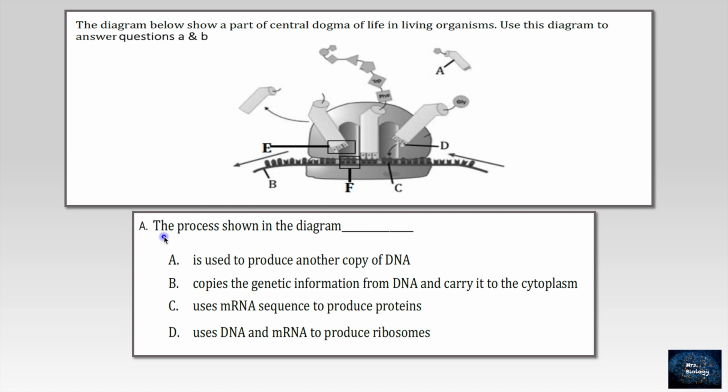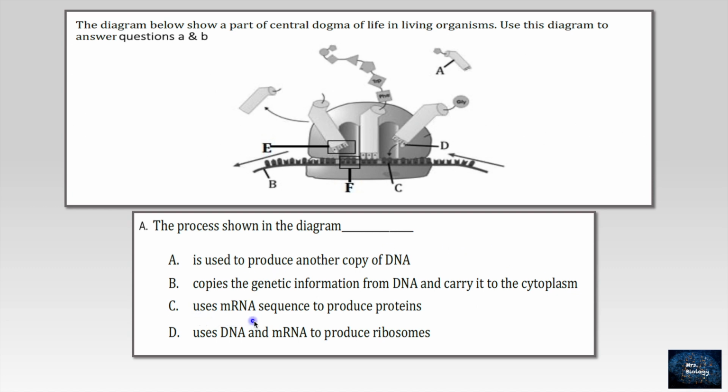Let's read question A. The process shown in the diagram, choice A, is used to produce another copy of DNA? Sure not, because this is not DNA replication. B, copies the genetic information from DNA and carries it to the cytoplasm? No, that is transcription, which happens inside the nucleus, but this is not.